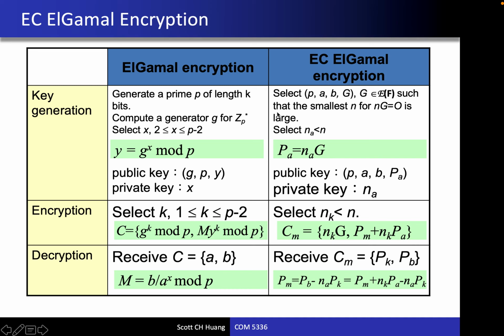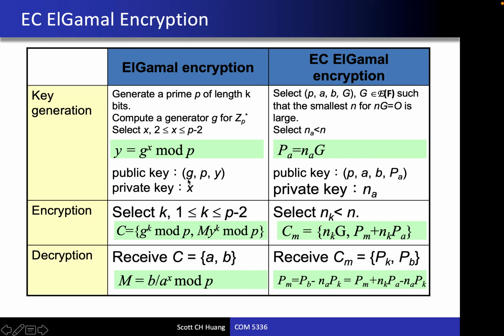So the key generation for the algorithm: you select a random number X. Okay, here in the elliptic curve version, we select a random number NA. And then here the public key is G to the power of X. That will be changed to NA, scalar multiple G. Okay, so this is a point on a curve.